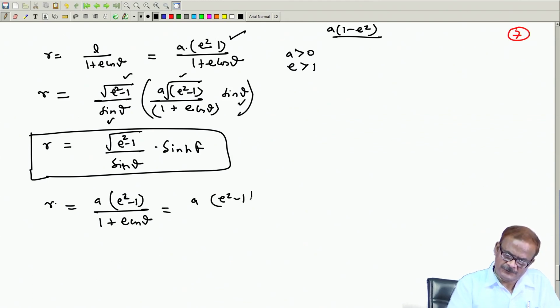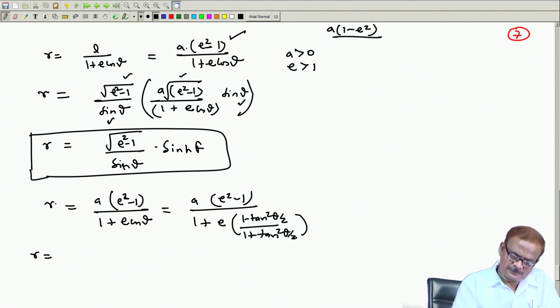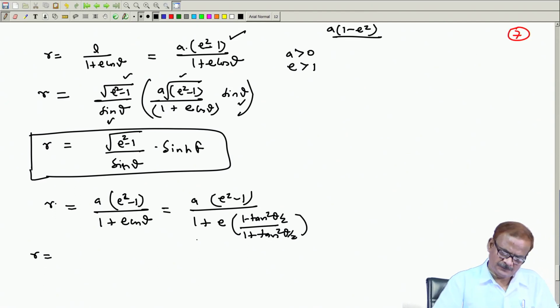We do one substitution here as we have done earlier also. So, e times (1 minus tan square theta by 2) over (1 plus tan square theta by 2), and then we need to rearrange it.